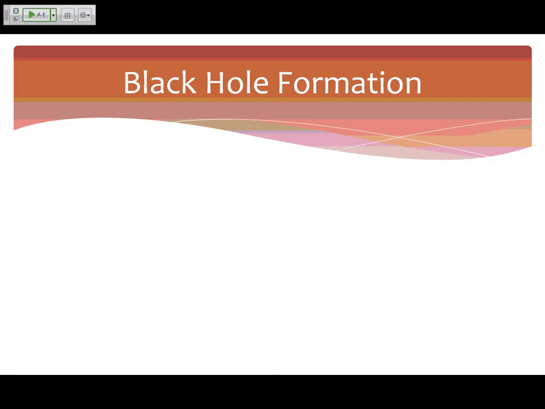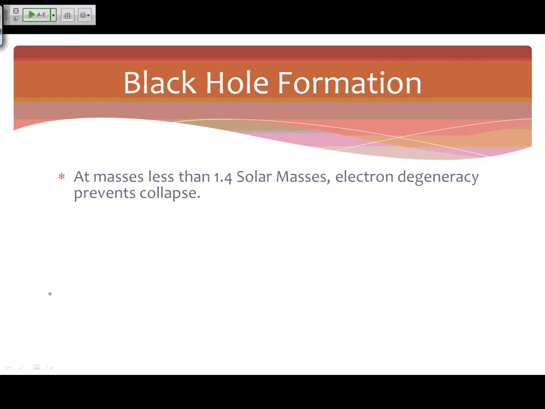Now, if the star's massive enough, that supernova won't get rid of enough stuff. Just as a review, if it's less than 1.4 solar masses, it won't supernova. Rather, it will form a planetary nebula around it. What's left over is the white dwarf. And electron degeneracy stops that white dwarf from collapsing.